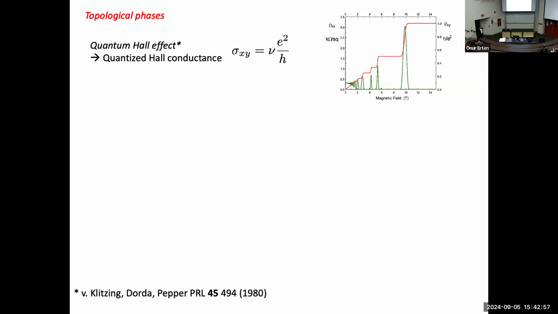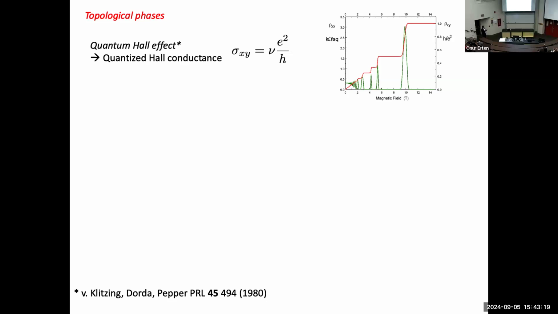So you apply a current, but you measure the transverse conductivity. So you are measuring sigma xy. So the electric field is along x, you are measuring the conductivity along the y direction in the presence of an external magnetic field that's perpendicular to the two-dimensional electron gas.